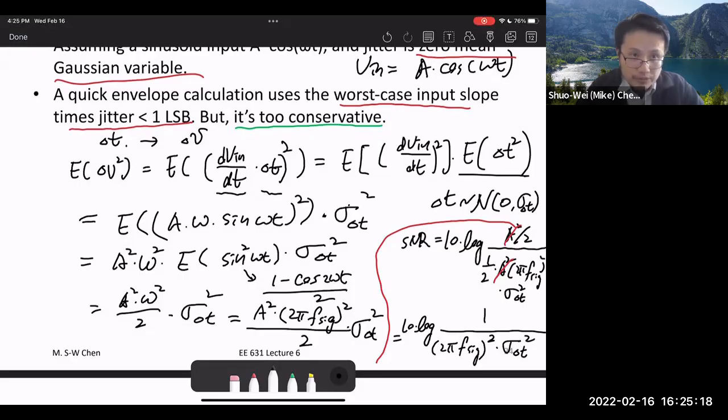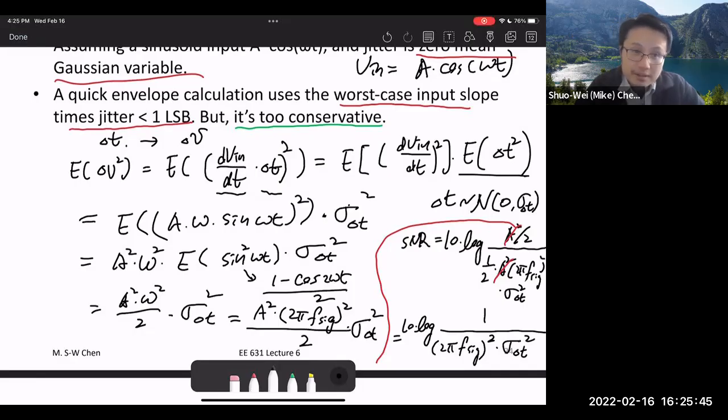So this is a very important result because this tells me that if your ADC, right, or your sampling circuits are dealing with a very high frequency input, you've got to be careful, right? Because this is what this equation is suggesting. So the higher the frequency, the lower your SNR will be, given the same jitter standard deviation, right?